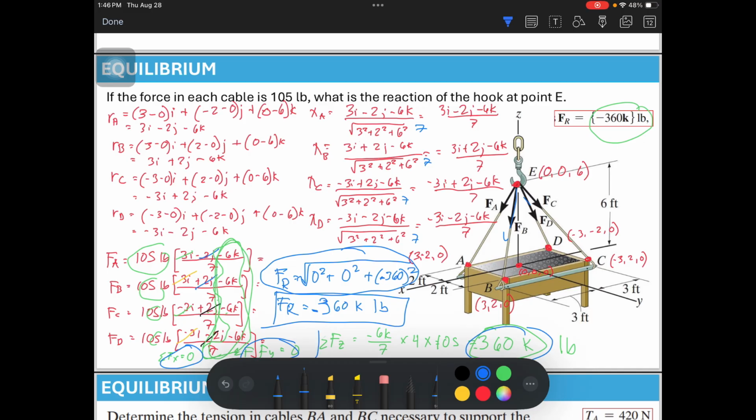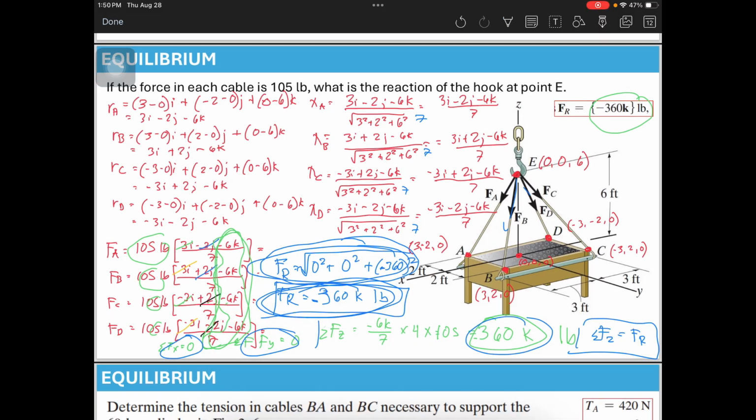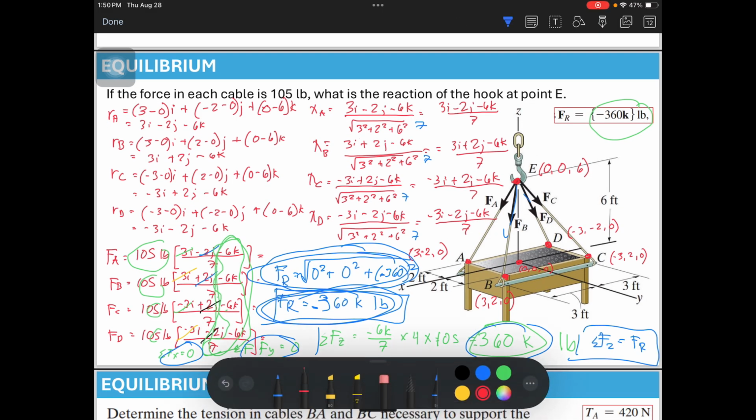You can stop here. Just equate that the summation of F is equal to your FR, because the summation of Fy and the summation of Fx have already canceled. Even if you use the Pythagorean theorem, it will end up the same. It is equal to the summation of Fz, your resultant. I haven't said this yet: our resultant is negative 360 downward.